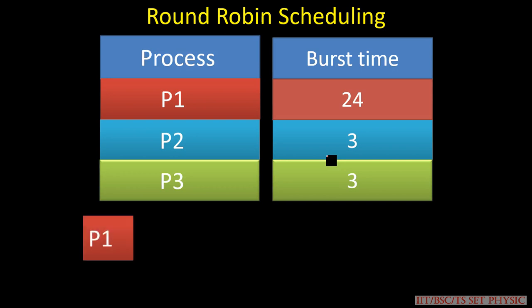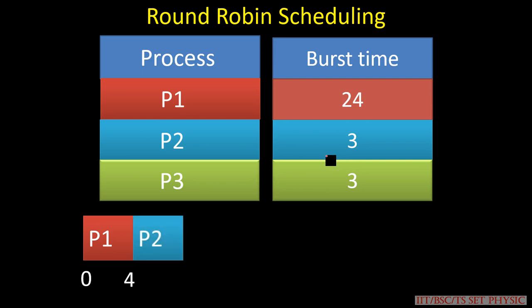First, P1 started at 0 milliseconds. After 4 milliseconds, it is forcibly stopped and the next process starts, which is P2.